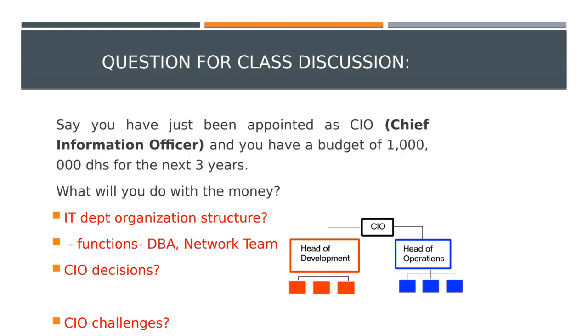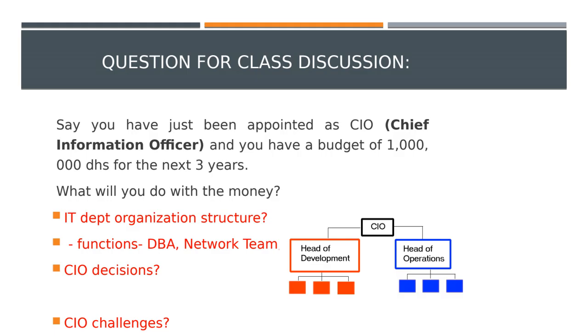Here they gave you something just for discussion. If you are a CIO, Chief Information Officer, and you have a budget of 1 million for 3 years, what will you do with the budget? Of course, you will discuss with other departments what their needs are.